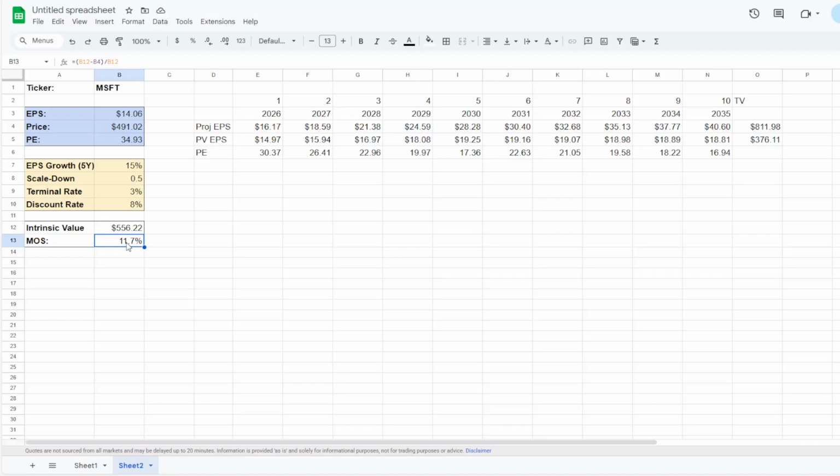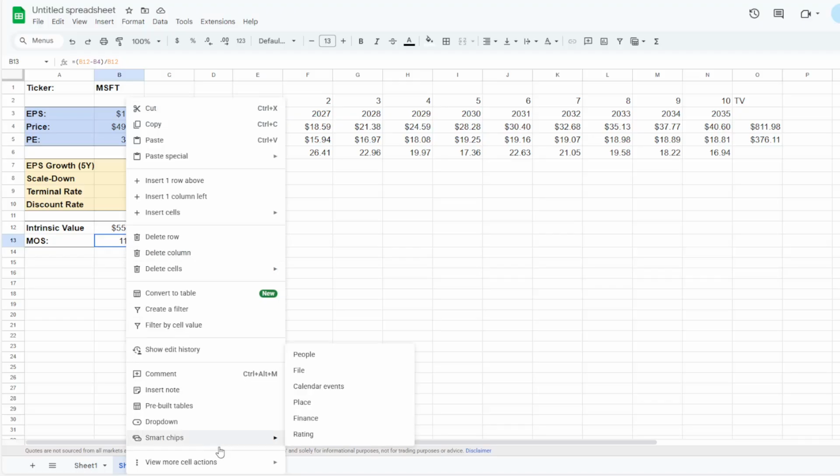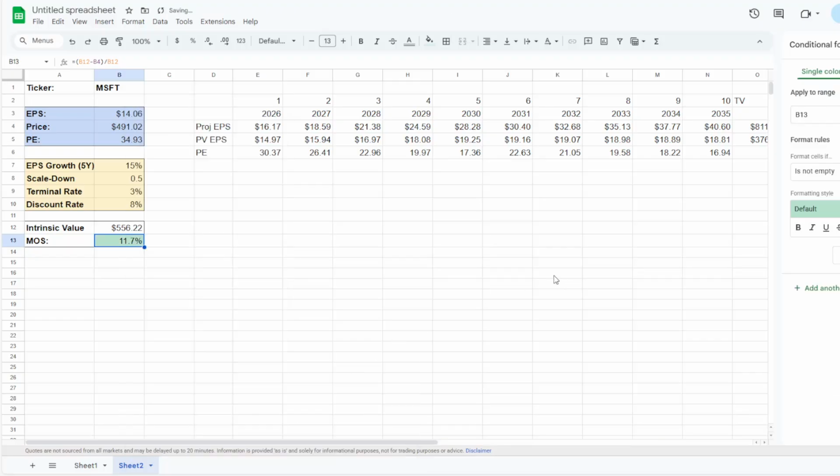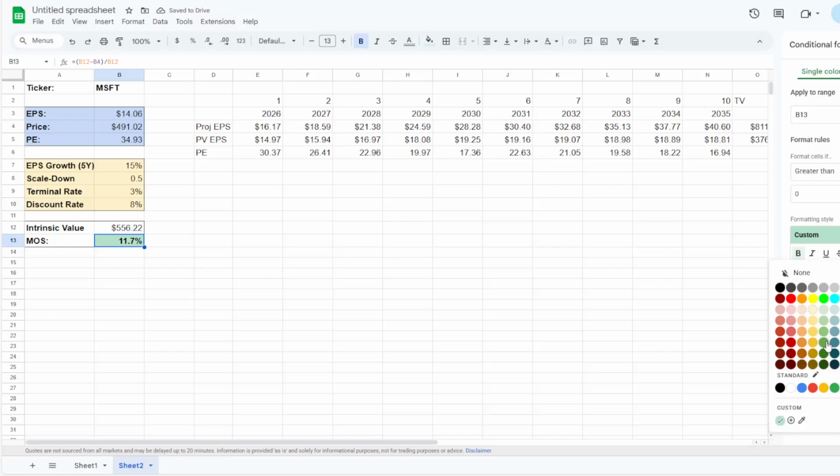So the way that we would do that is we would right click on that cell. We would go down to more cell actions. We would go to conditional formatting. Okay. And I'm going to add a rule that says if this cell B3 is greater than 0, we are going to make it bold and we are going to make it, let's call it light green.